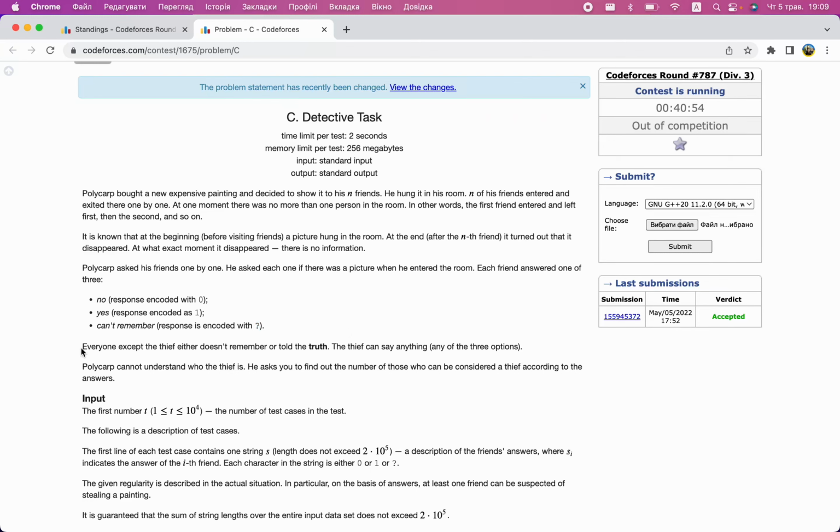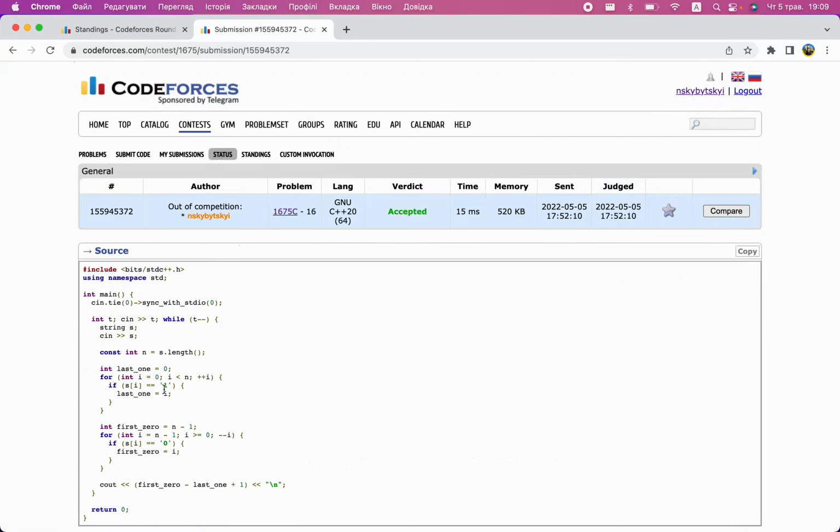Also, all good people who did not steal the painting tell the truth, but the thief can tell anything. So in this problem, I noticed that if any person says that they have seen a painting, then it's actually true. Like if the thief says that he saw the painting when he entered the room, it's true.